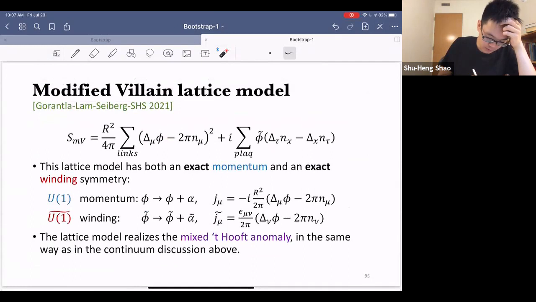This model actually has an exact momentum and an exact winding symmetry. The momentum symmetry simply shifts phi, whereas the winding symmetry shifts the dual field phi tilde. And the lattice model realizes the mixed anomaly between the two in exactly the same manner as in the continuum discussion.